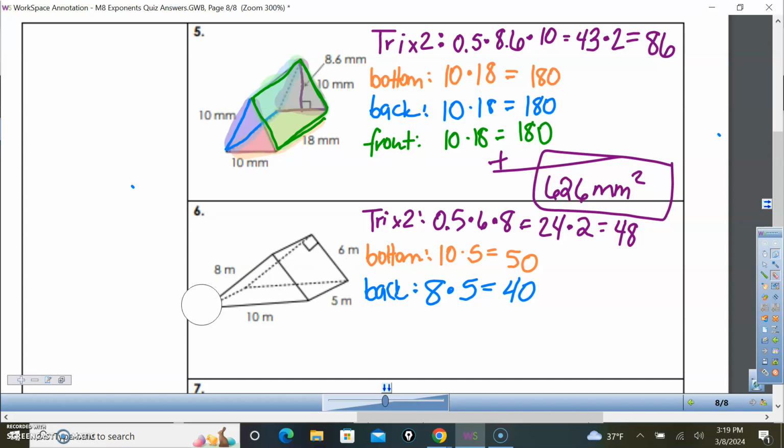So I highly recommend you guys use pencil. Sometimes when I end up tracing these pieces, I find it easier to go back and erase what I have outlined so I can visualize other parts. And then from there, I'm going to go ahead and take a look at the front of mine. And this one is super easy for me to see. I can see the 6 and the 5 right off the bat.